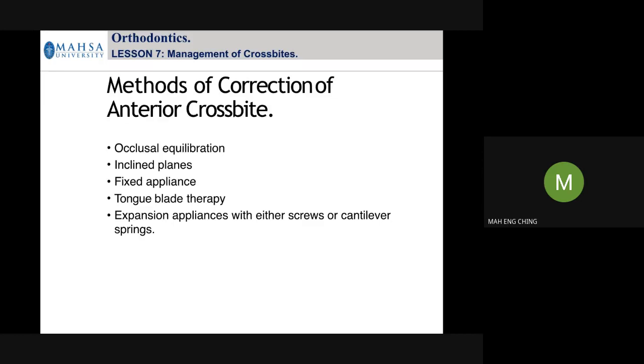Or you can use a tongue plate, which is quite easy. Then you can use an ice cream stick also, which I would prefer. Then you can use an expansion appliance with either the screw or cantilever spring. You can use Quad Helix, nighttime ties, or even the RME or rapid maxillary expansion or palatal expansions.